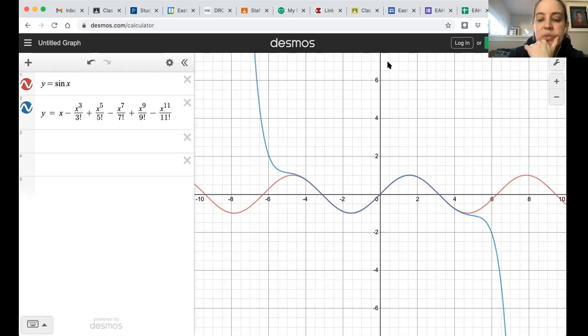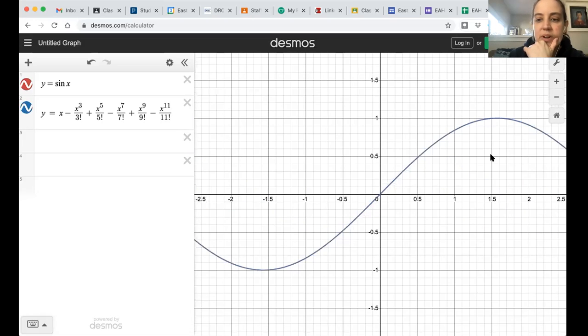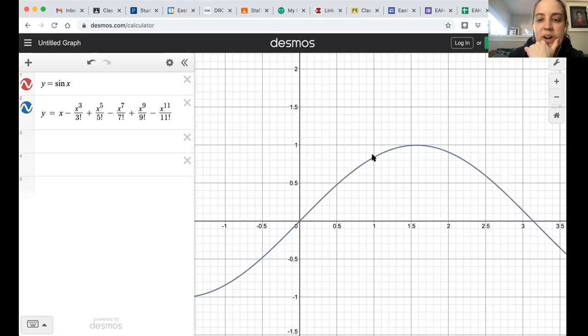But if I zoom in a little bit, I want you to be able to see what's going on. I can come over here at 1 and the 2 curves overlap at 1. There we go. The red curve's at 1. So if we want to calculate the sine of 1, yes, we have a calculator to do that, but you can estimate these transcendental functions, sine, cosine, e to the x, natural log of x.